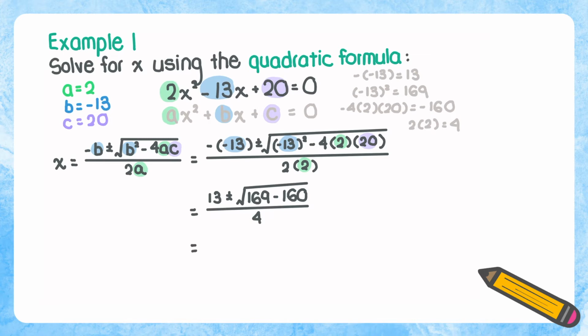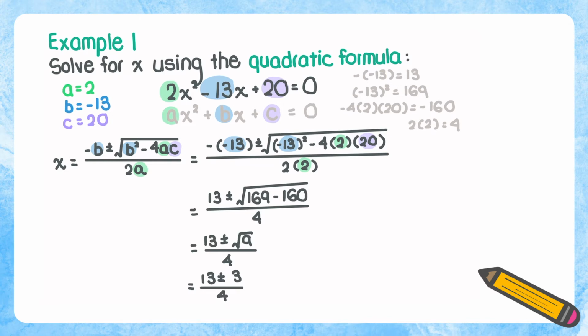Let's look at inside the square root. 169 minus 160 is 9. So I'm going to find the square root of 9. Everything else I just leave the same for now. Okay, square root of 9 is 3. So I have 13 plus or minus 3 over 4.